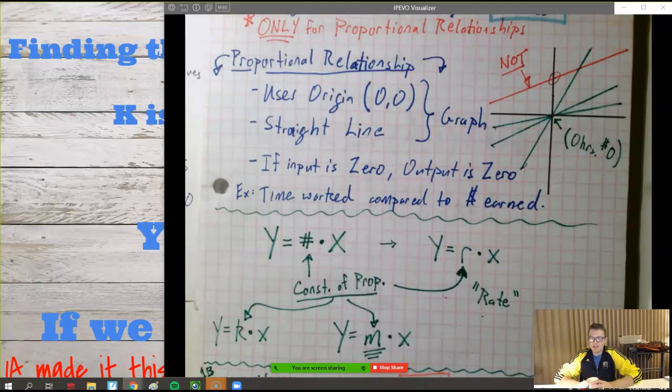The constant of proportionality will always be the number multiplied by the x, or really the number multiplied by the independent variable. We'll talk about that in a minute.